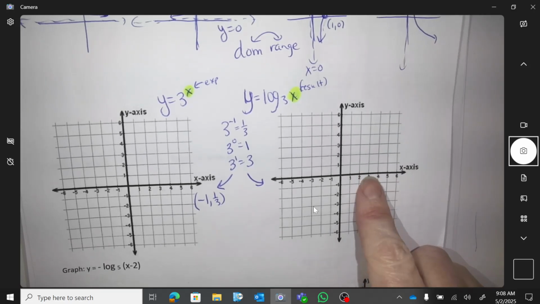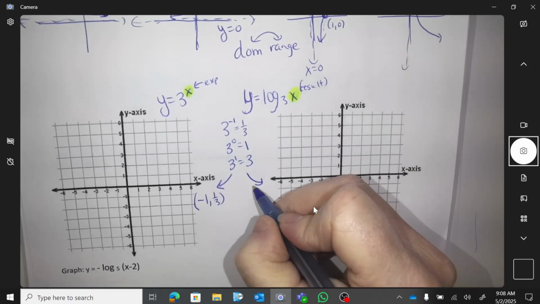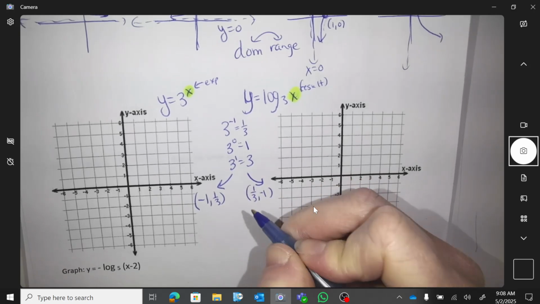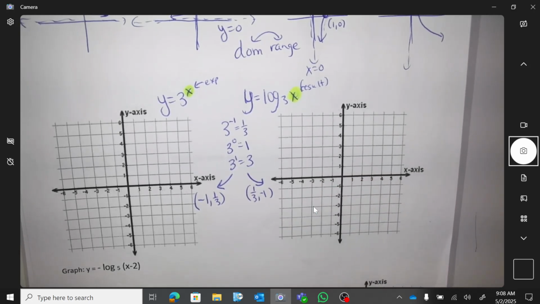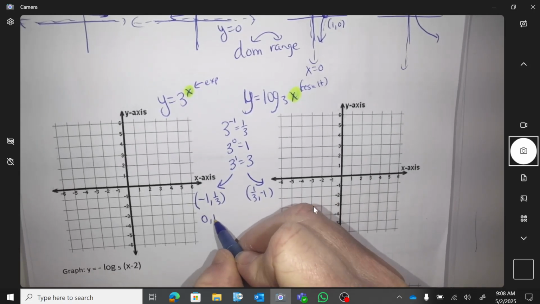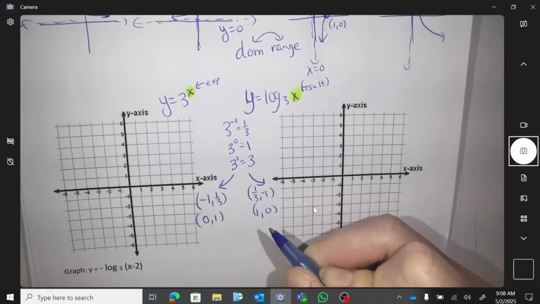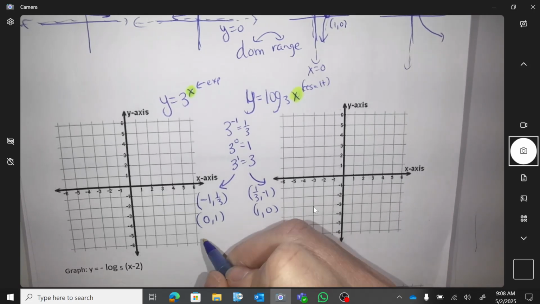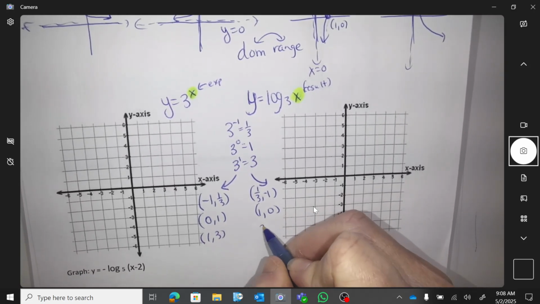But the log graph will have the coordinate 1/3, comma, negative 1. So I started the same way, I just decided to write my coordinates in a reversed order. So this one's going to have 0, 1, but this one is going to have 1, 0. 1, 3, 3, 1.